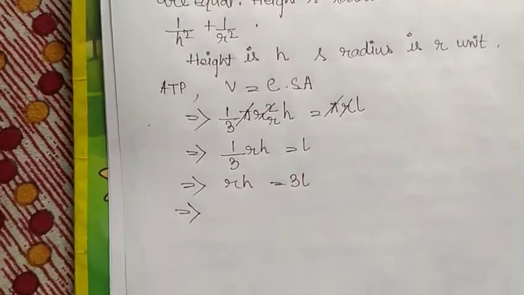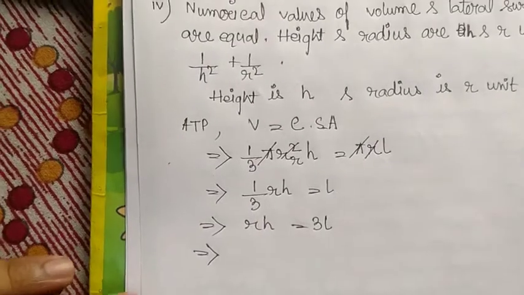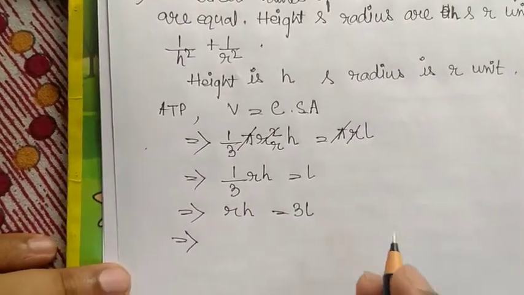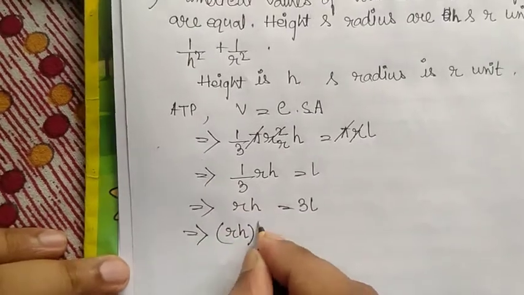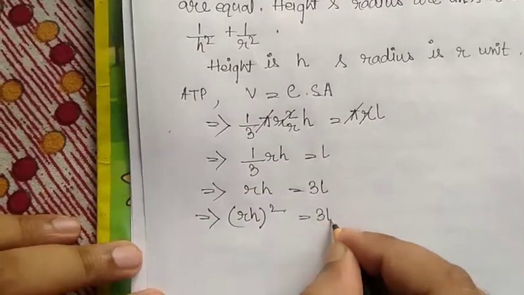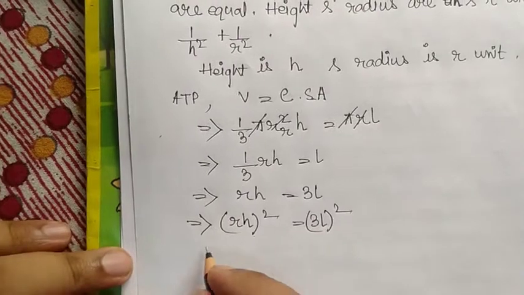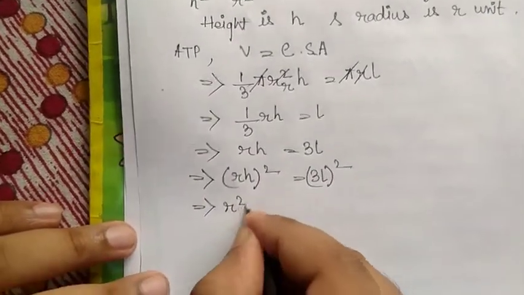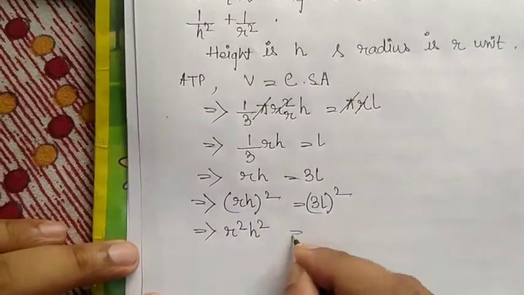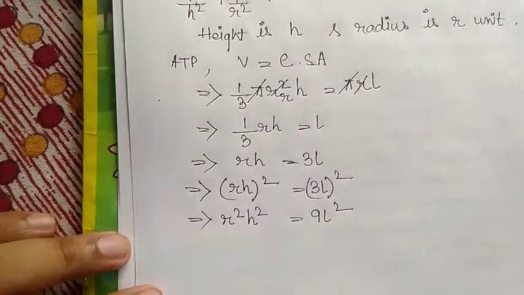Now we have to square both sides. So it should be r square h square equal to 9l square.